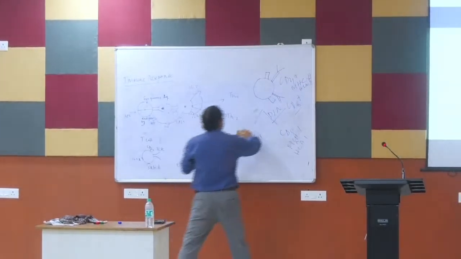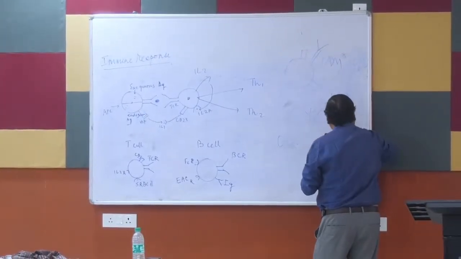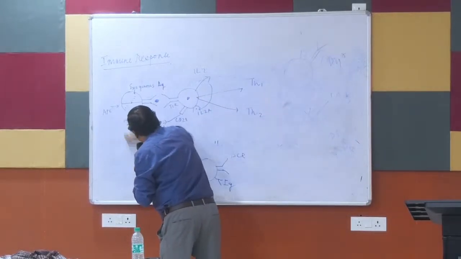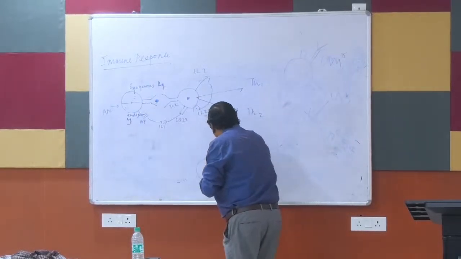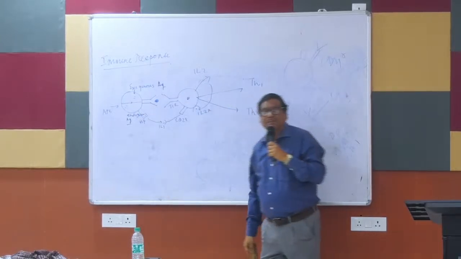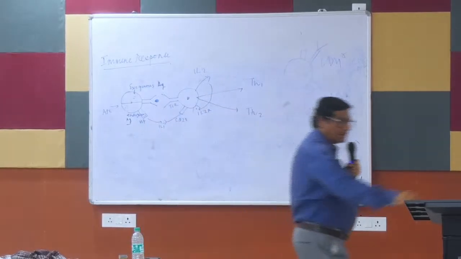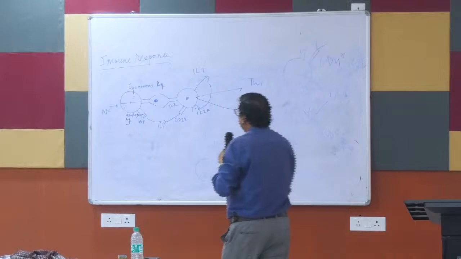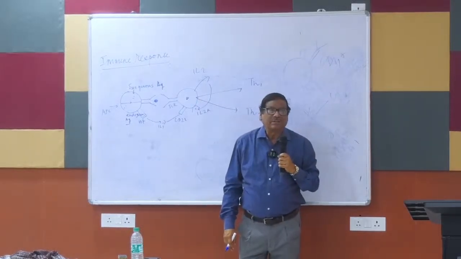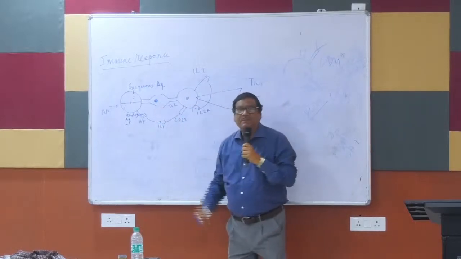So when the antigens, whether it is exogenous or endogenous, they are presented and they are processed by the APC cell. The APC cell, by their receptor, they express it, and the processed antigen.